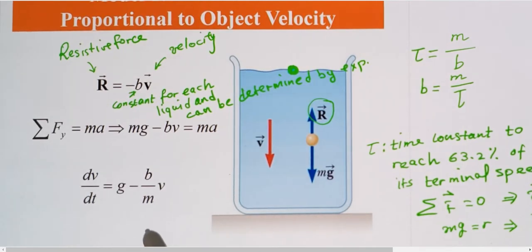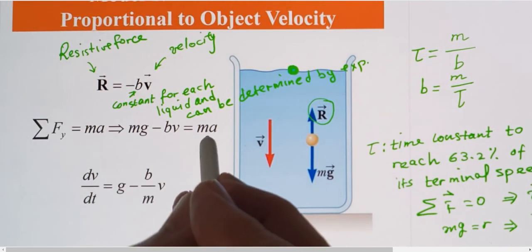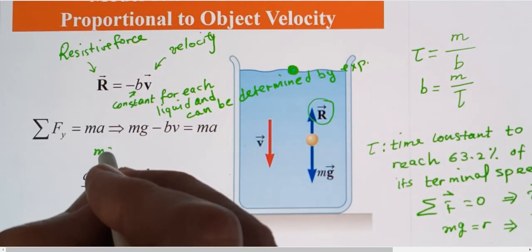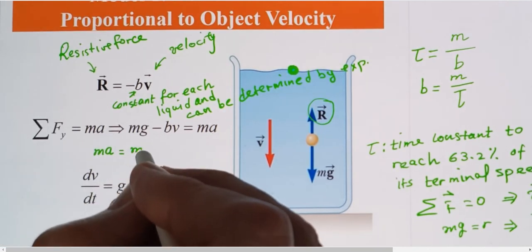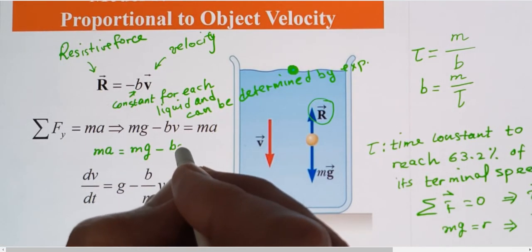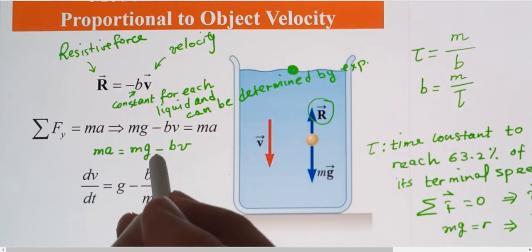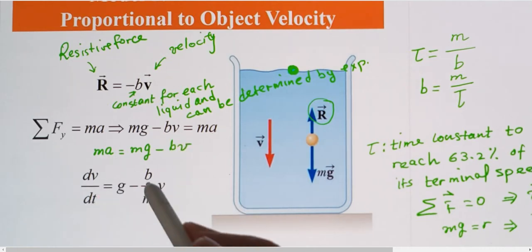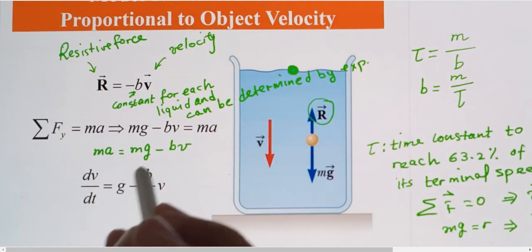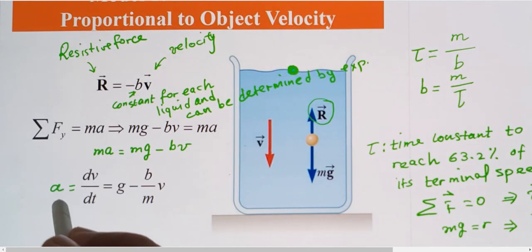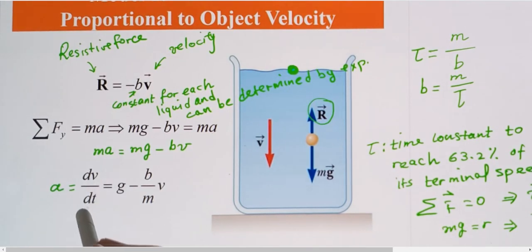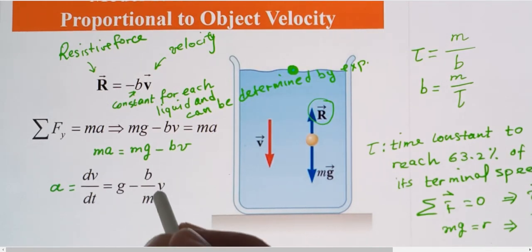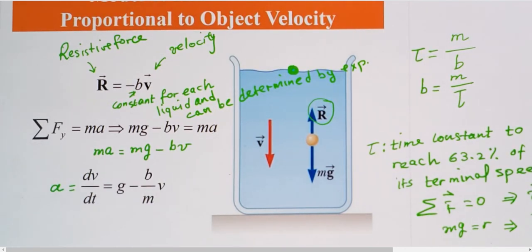So we rearrange this equation. ma is equal to mg minus bv, and then we take out the m from this equation. We divide everything over m. So we end up with acceleration, dv over dt, equal to g minus b over m multiplied by v.